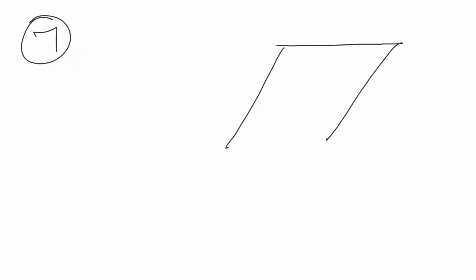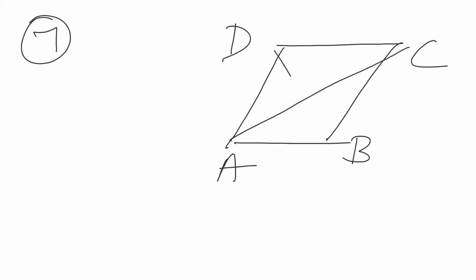So we have to draw one rhombus. The rhombus is ABCD, and AC and BD both are diagonals.